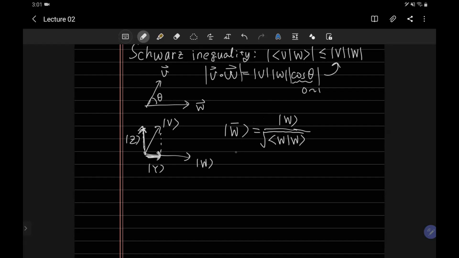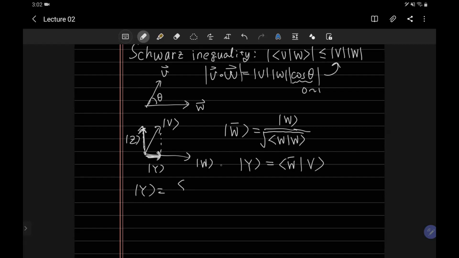Then to find the length of y, we can take the inner product between that normalized w and the original v. Actually, y itself is not found by this.